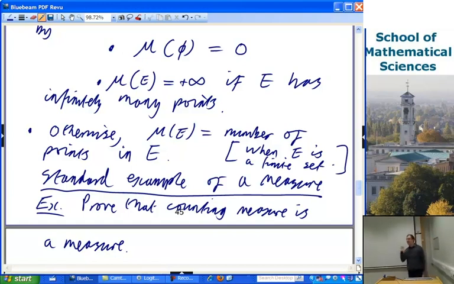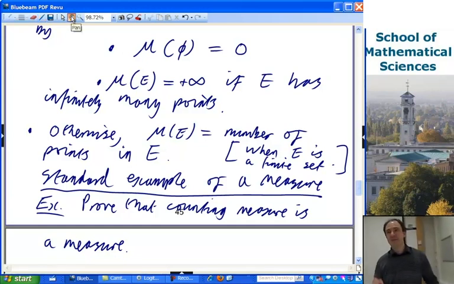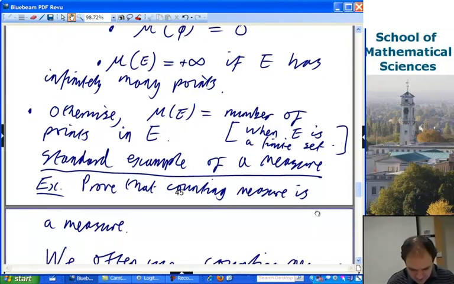Finitely many points, not bounded, finite. So that includes the empty set as a special case. But I thought I'd just be explicit about it, just to be clear.